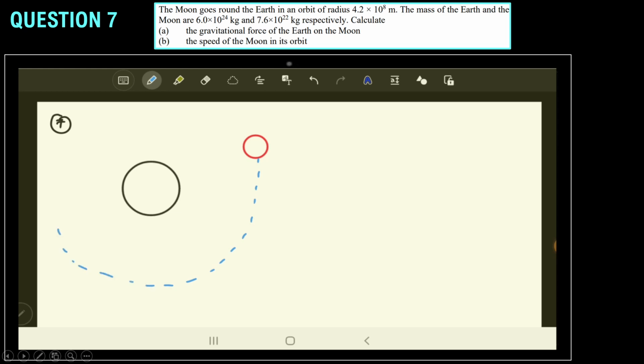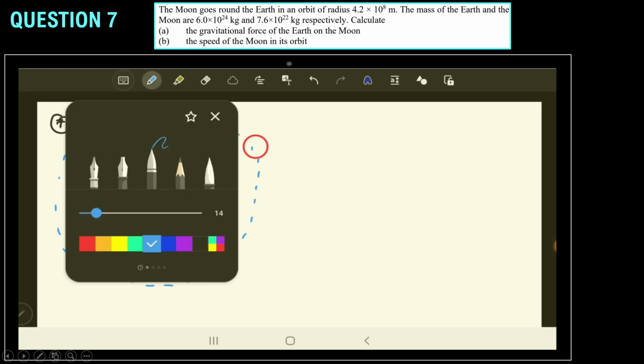So the moon is orbiting the earth in a circular path. Sorry for the drawing, I know it's a bad drawing. So just consider it a circle. So the moon is orbiting the earth.